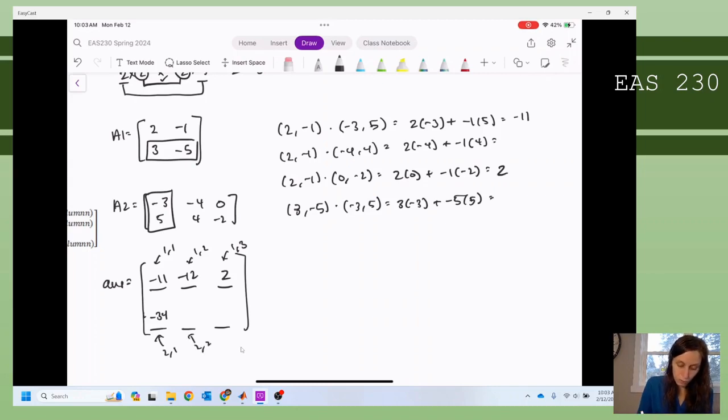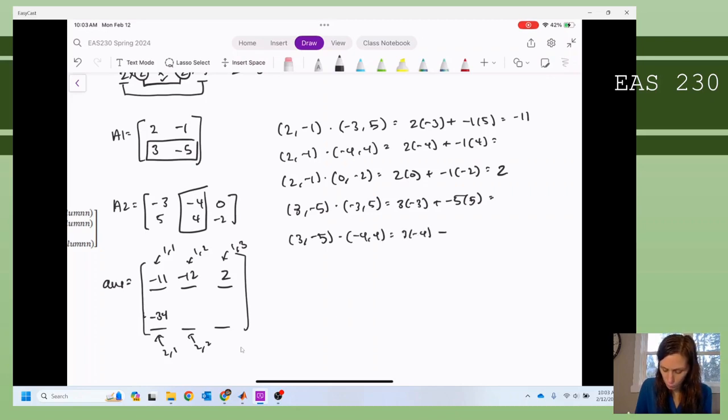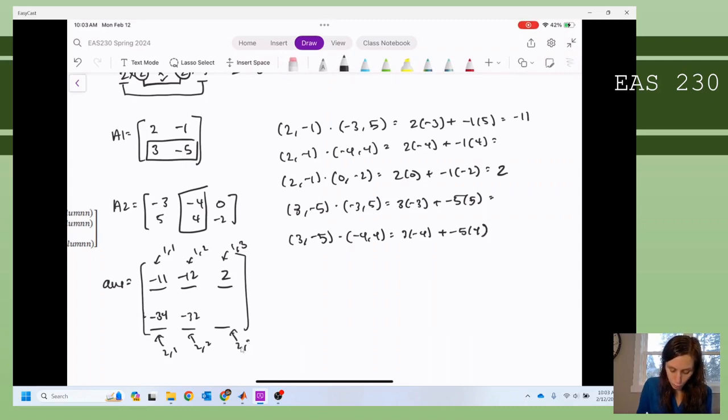Now I'm in row 2, column 2, so I grab row 2, column 2, dot product. 3 times -4, -12 plus -20, which is -32. And my last one, I'm in row 2, column 3, so I want to grab row 2, column 3, dot product. Which is 10.